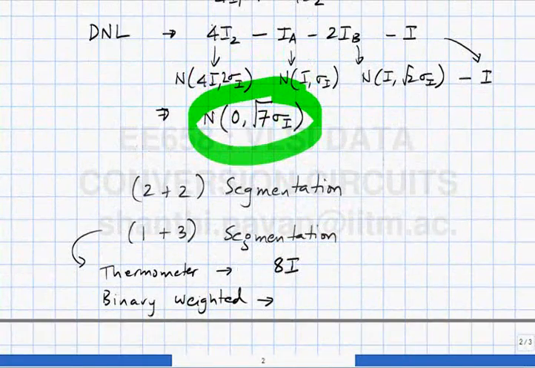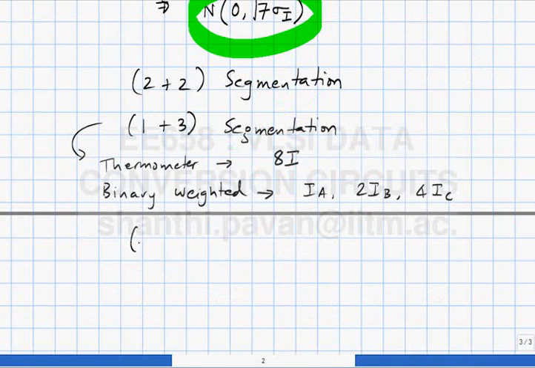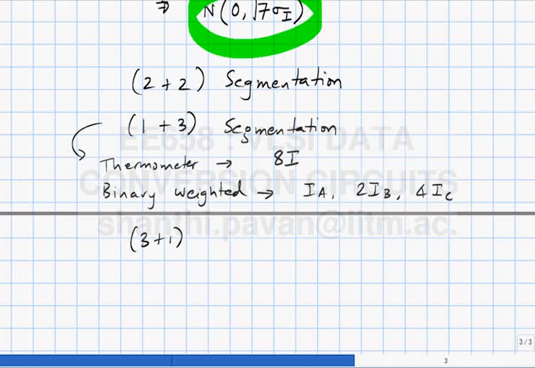What are those 3 current sources? IA, 2IB and 4IC, where IA, IB and IC are all random variables.